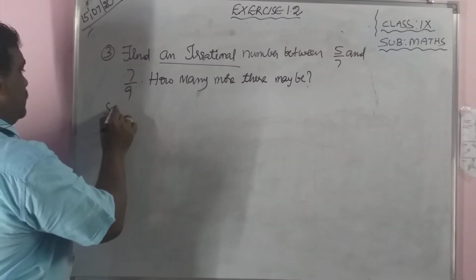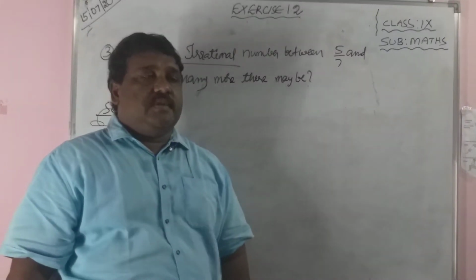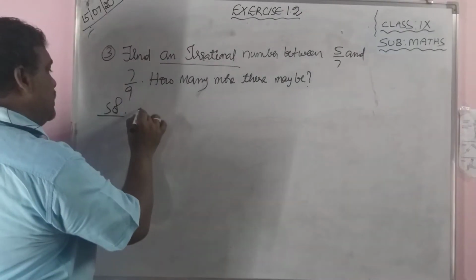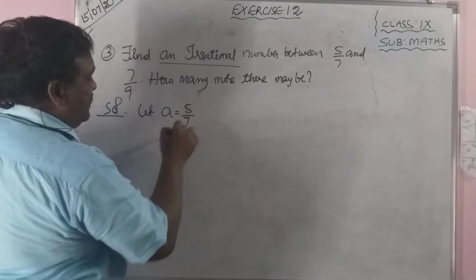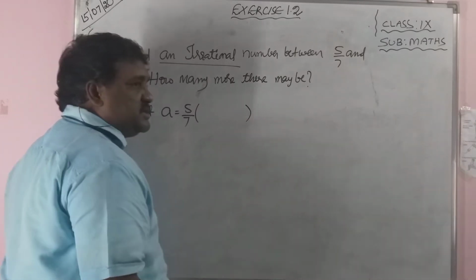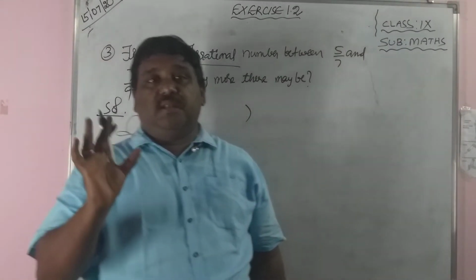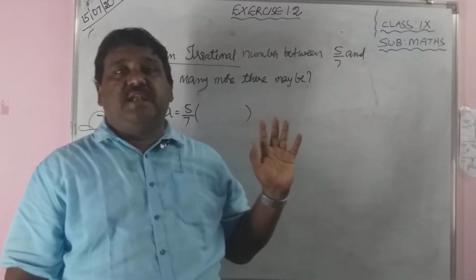Solution. Let a equal 5 by 7. Do the division and you get a non-terminating repeating decimal.